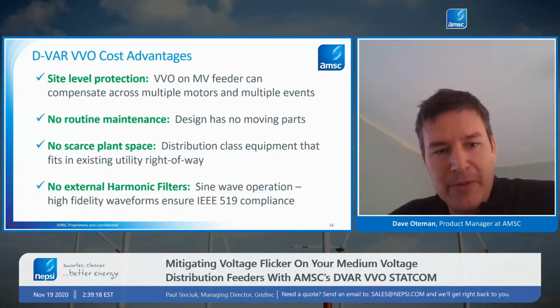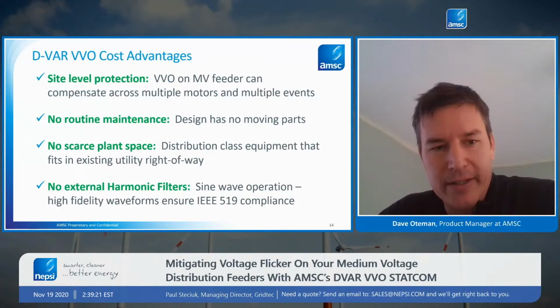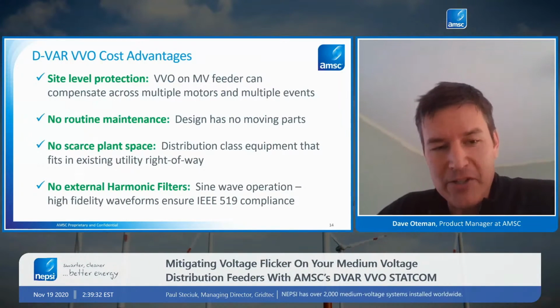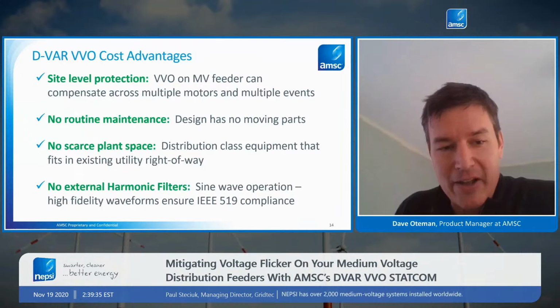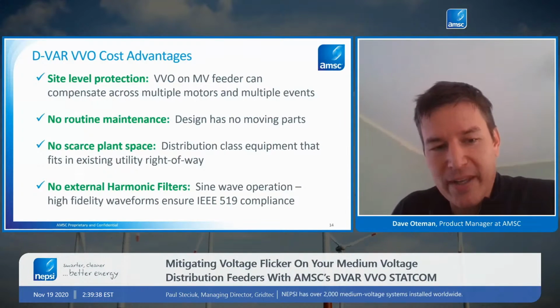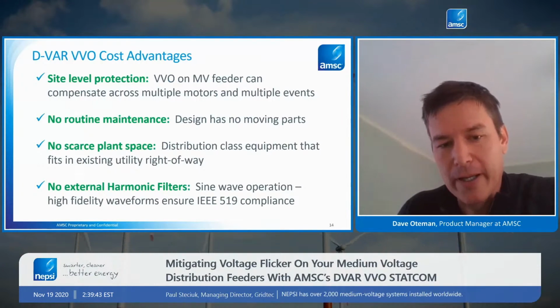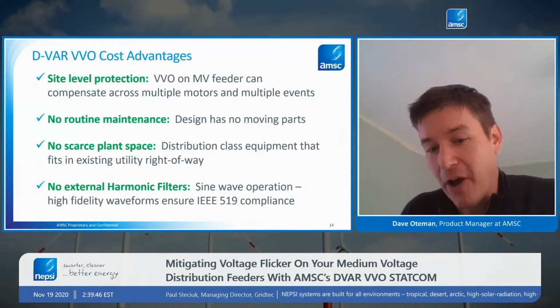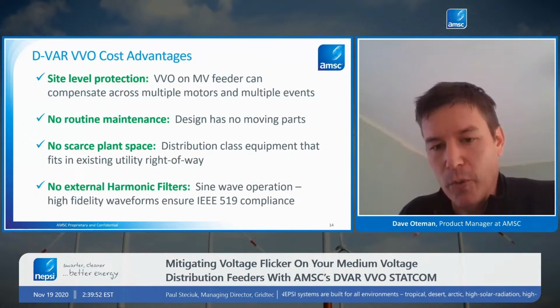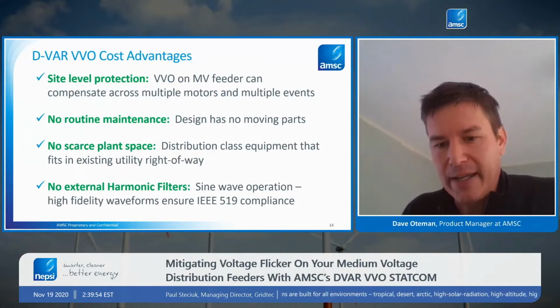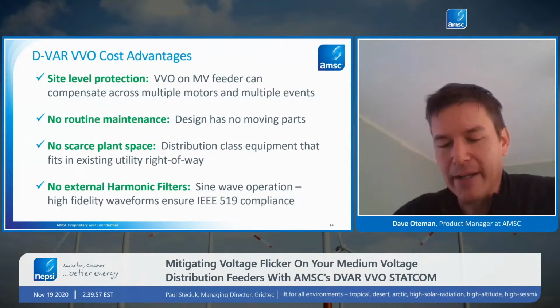Because it's able to be installed on existing utility feeders or applications where plant space is hard to come by, that can be a nice advantage and bring the cost of the project down. And then, as I mentioned, because the STATCOM inverter technology produces sine wave waveforms, that allows us to avoid having to come back and solve a harmonics compliance problem, which, for example, can be a real issue when using VFDs at a site because they are pulse rectified.